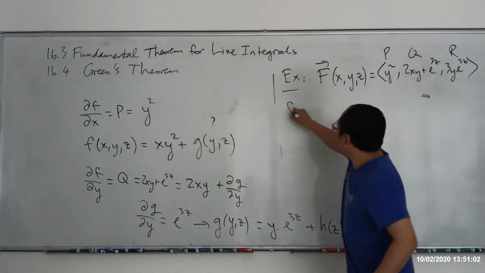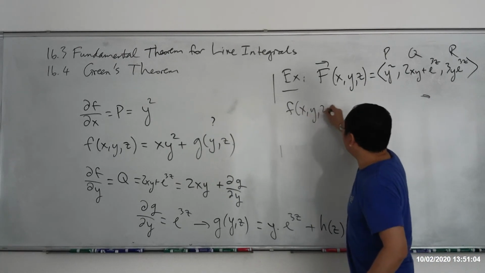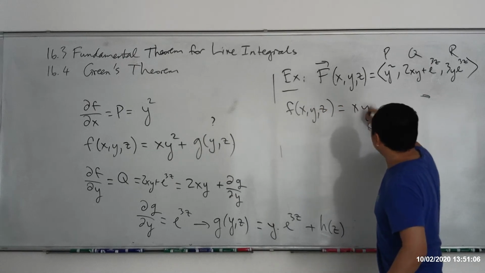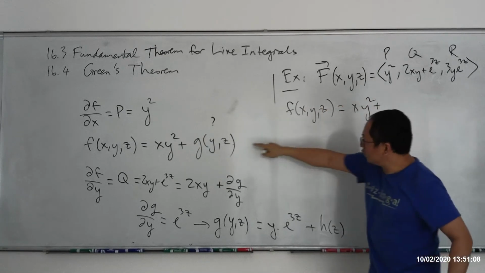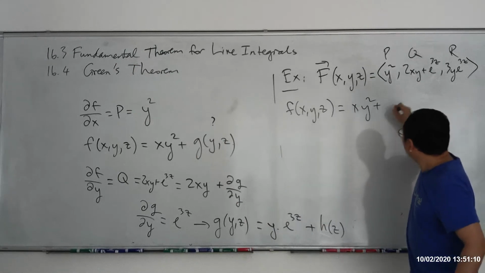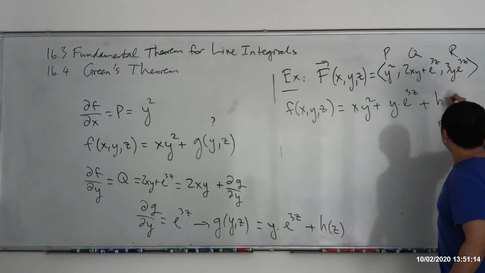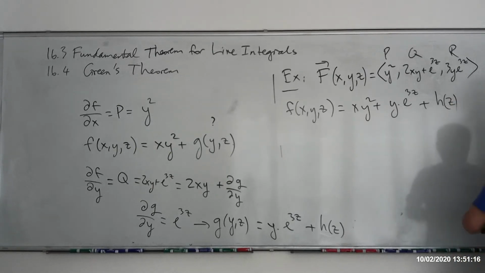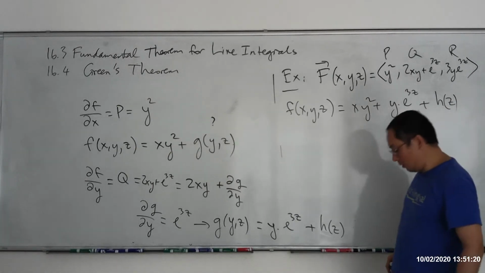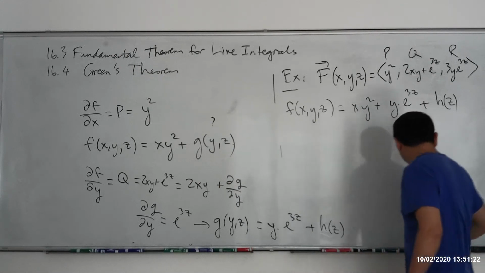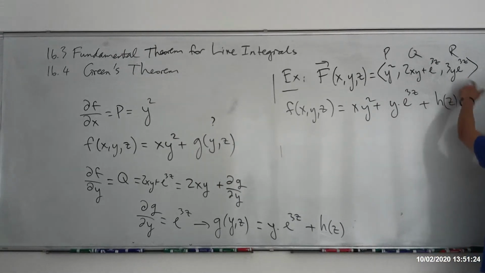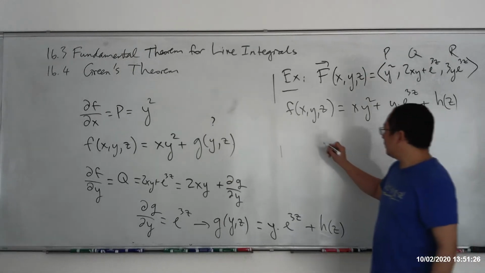So my f of x, y, z is going to be xy squared plus g of y, z, now is what? Y times e to the 3z plus h of z, with respect to z. This means that it is a function of one variable z only. Now I have to use the last one, the derivative with respect to z.